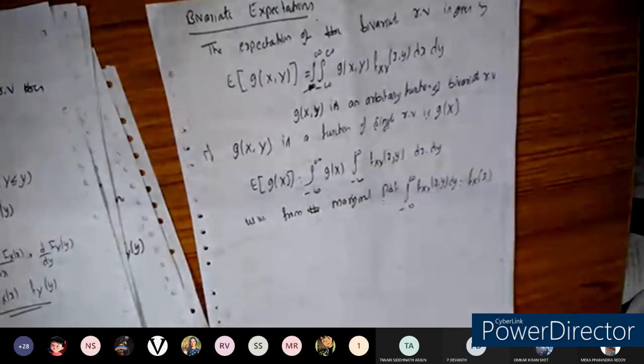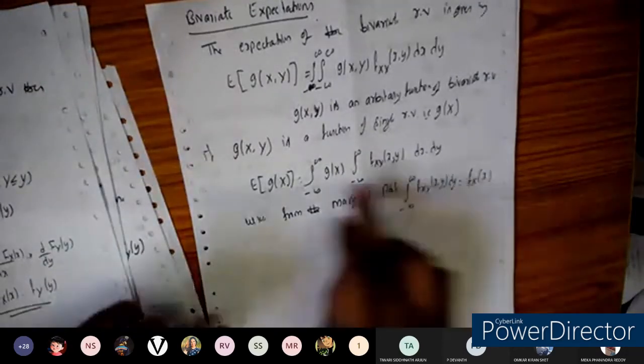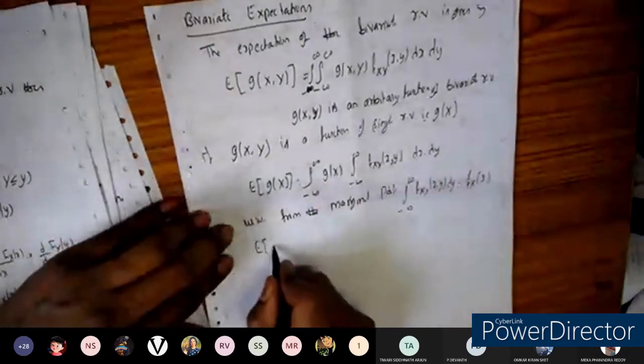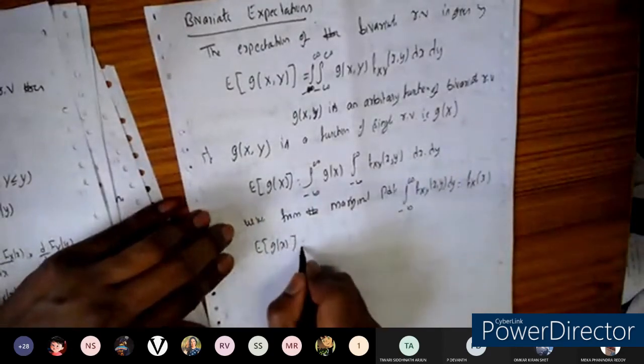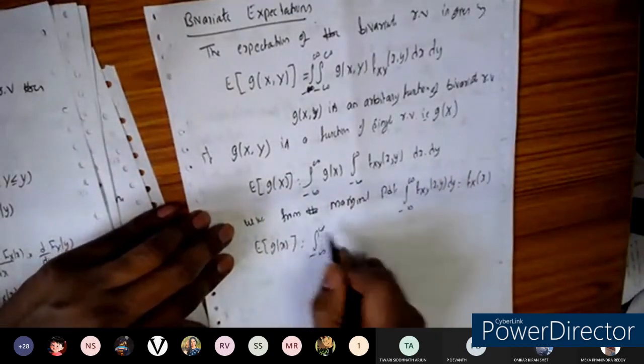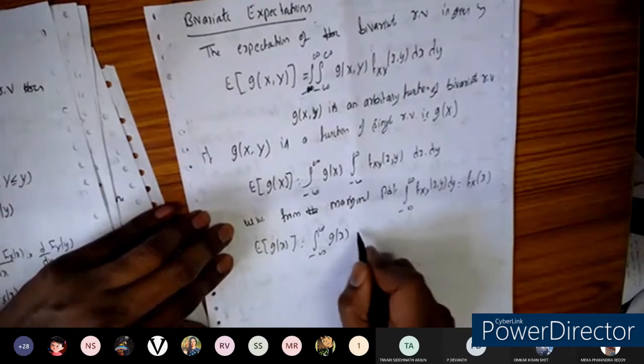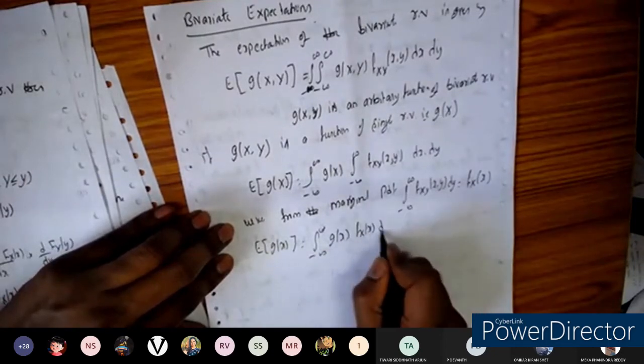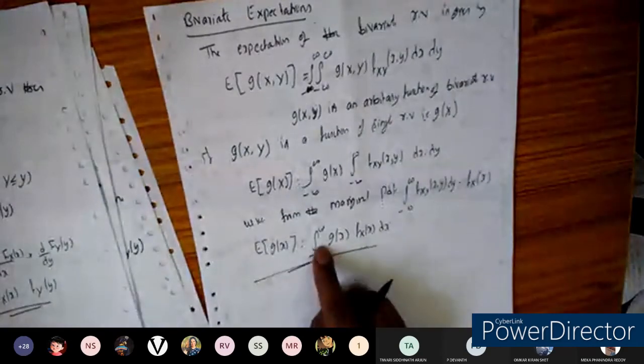If I substitute here, we get the expectation of g of x, which is the same as the single random variable expectation, that is the integral of x f_X of x dx. This is how we can obtain the mean of the single random variable from the bivariate random variable, by using the marginal PDFs.